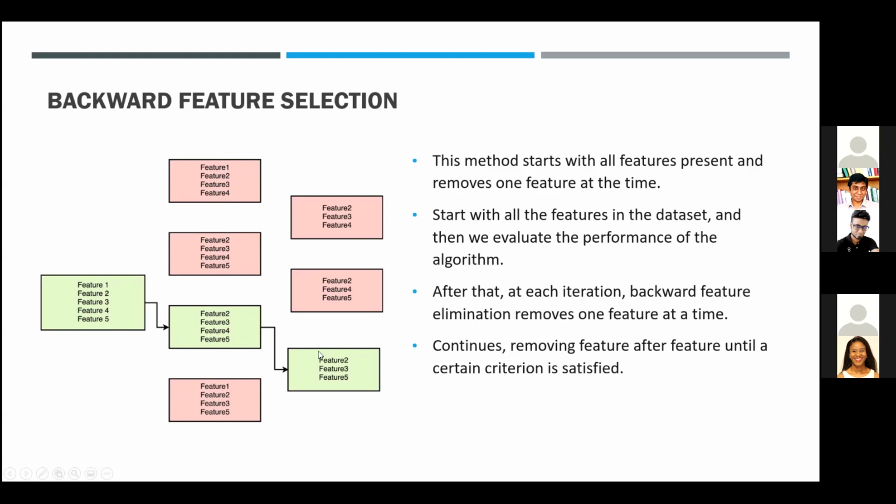Then again you start eliminating each one, and you stop once your performance drops significantly, or it stops increasing based on your criteria. So you keep eliminating until your final criterion is satisfied.